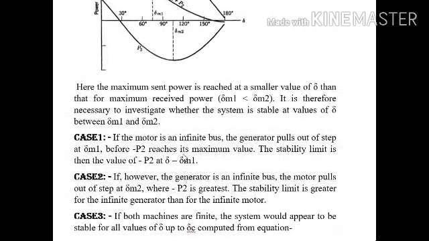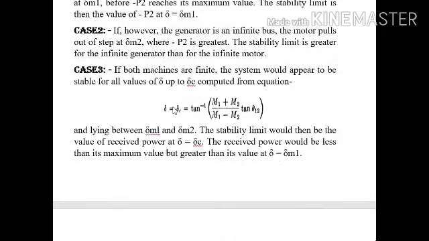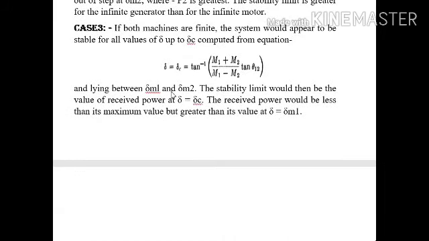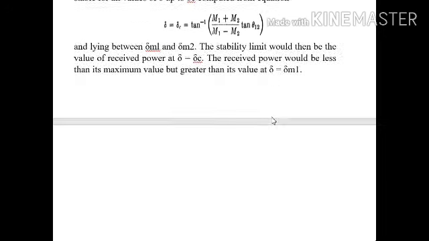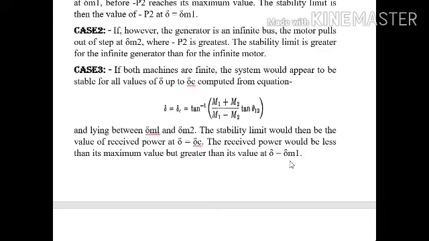This delta C lies between delta M1 and delta M2 for case 3, that is when both machines are finite. The stability limit would then be the value of received power at delta equal to delta C. The received power would be less than its maximum value but greater than its value at delta equal to delta M1. Okay, so that's all for understanding the effect of inertia on the steady state stability.